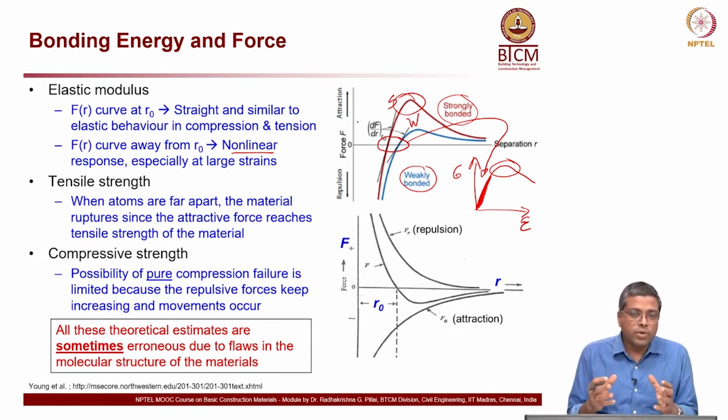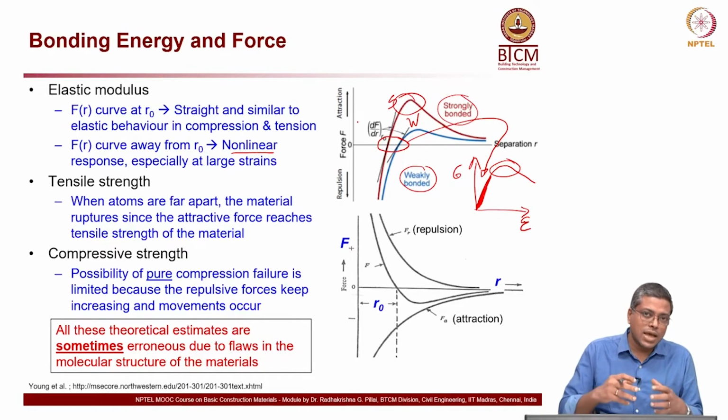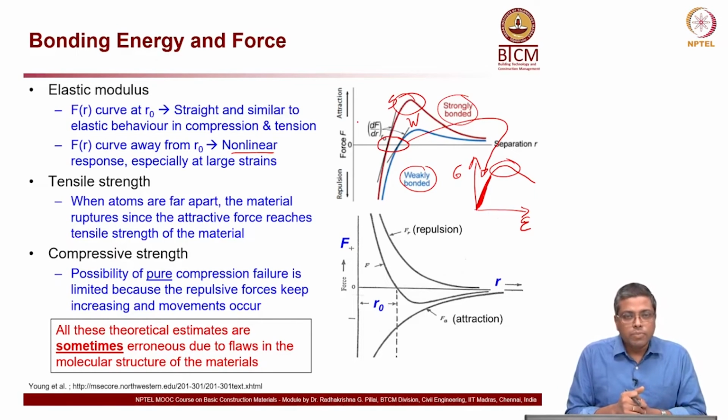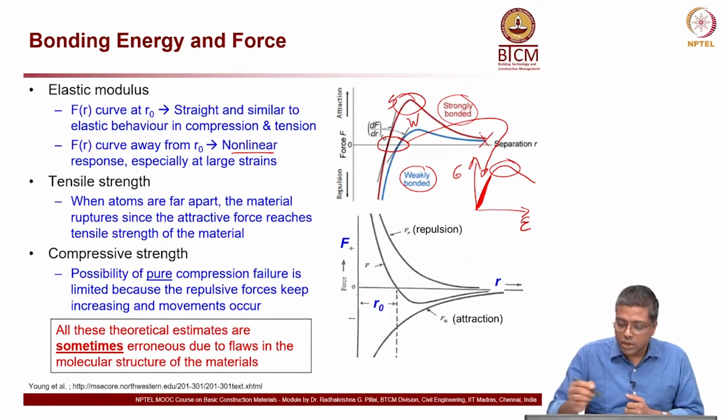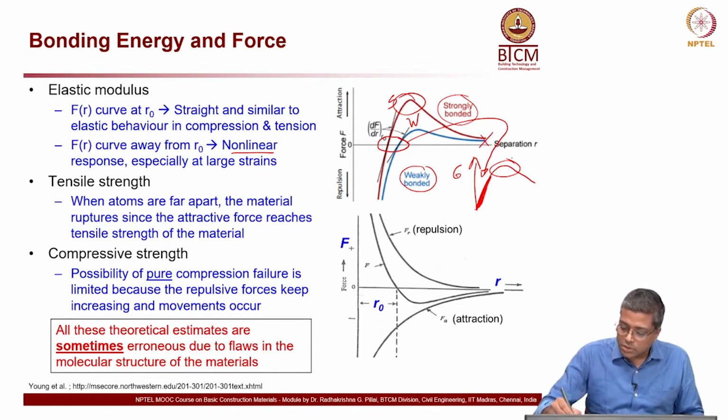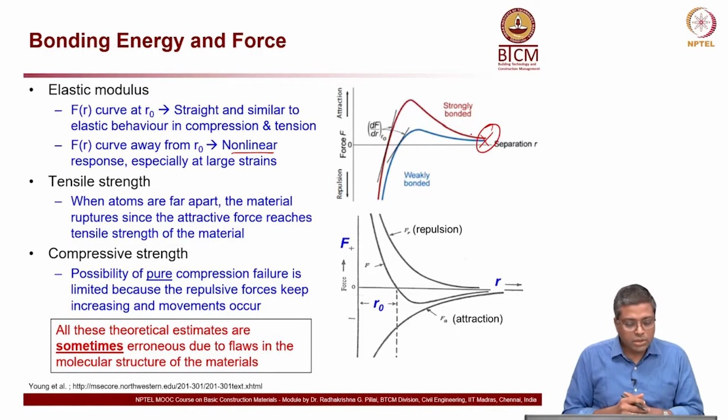At the point where the reaction provided by the material, the attractive force, is less than the pulling force, the material starts rupturing or fails. That is the point on the right end over here.